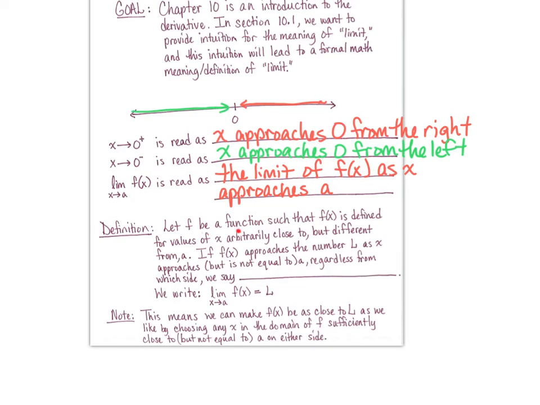Definition. Let f be a function such that f of x is defined for values of x arbitrarily close to but different from a. So it gets closer and closer to that value but not necessarily equal to it. Okay?